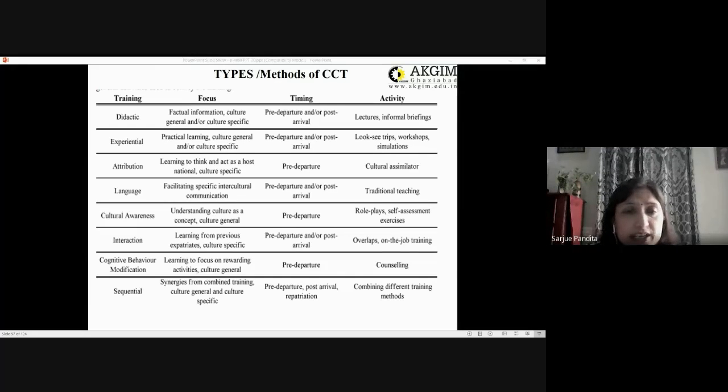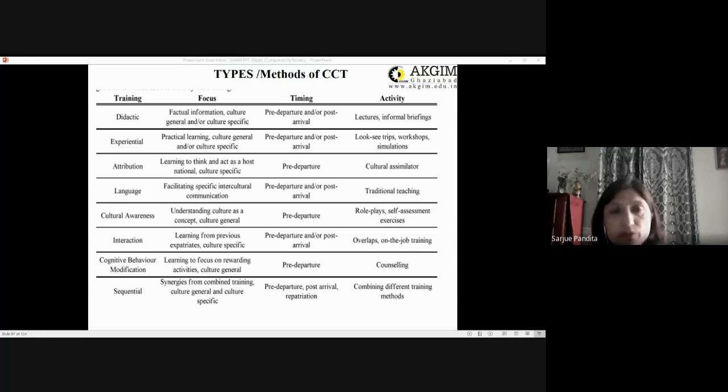Then we have already discussed language training and cross-cultural awareness training. We discussed that we have different types of language training. We have corporate language, we have local language, and we need to train an assignee on the basis of language, which will involve the expatriate's native language or the business language of the host country.